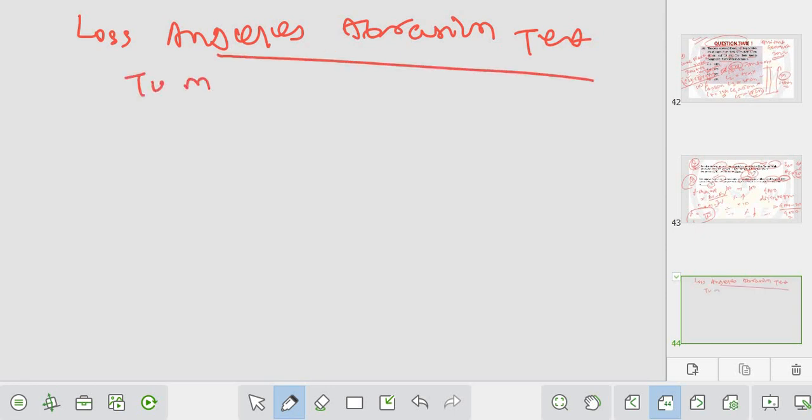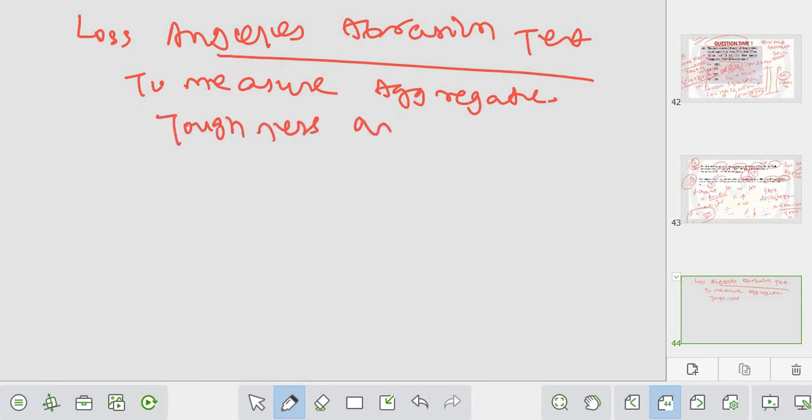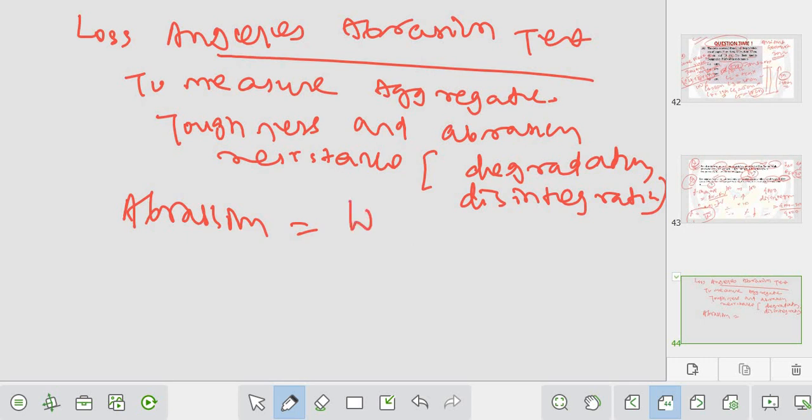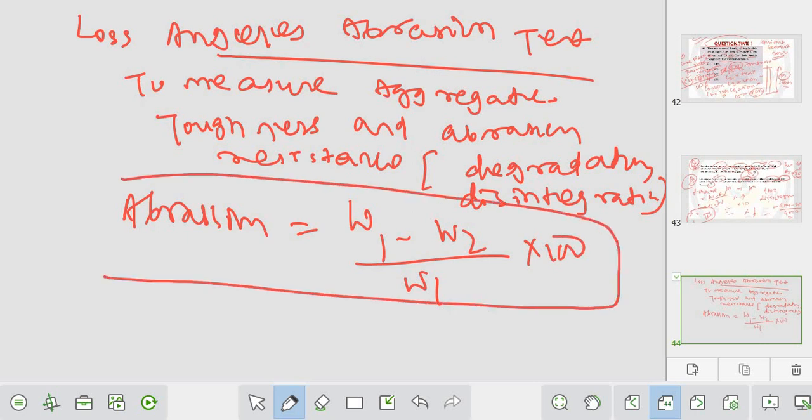To measure the aggregate toughness और resistance. जैसे कि कुछ डिग्रेडेशन हो गया, कुछ डिसइंटीग्रेट हो गया मटेरियल और रॉक सैंपल, ठीक है? इसके लिए हम नॉर्मली यूज करते हैं। So what is the abrasion value? So abrasion value will be simply initial weight W1 minus W2 by W1 into 100, ठीक है? So this is the abrasion value. So W1 क्या होता है?